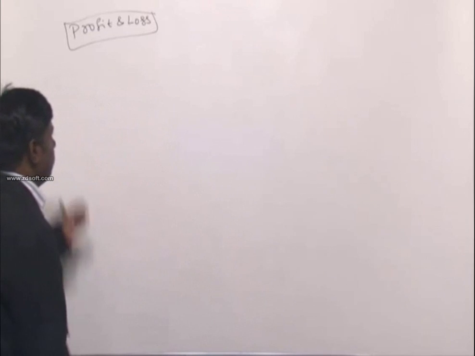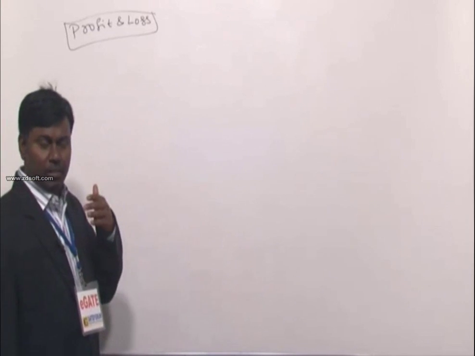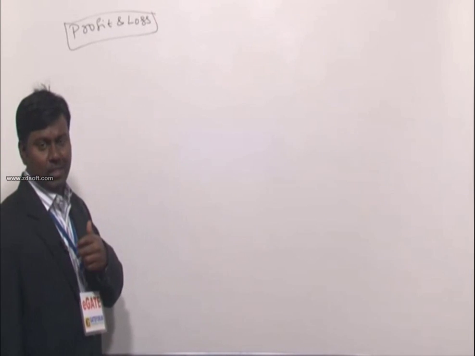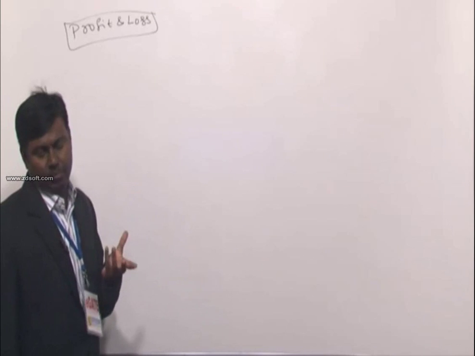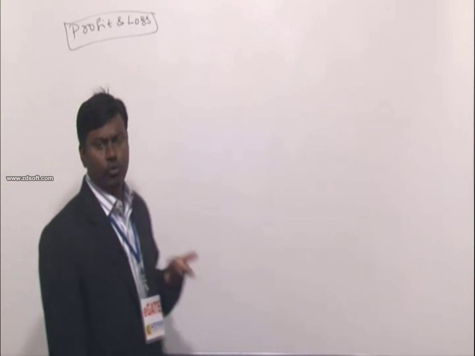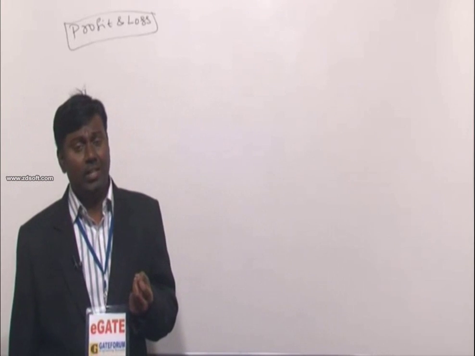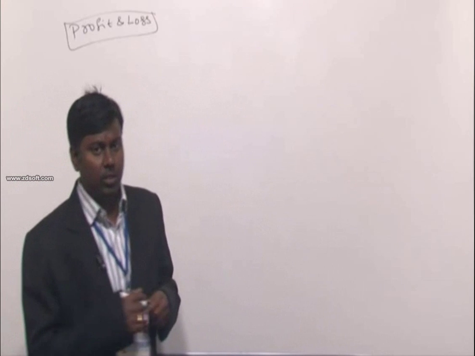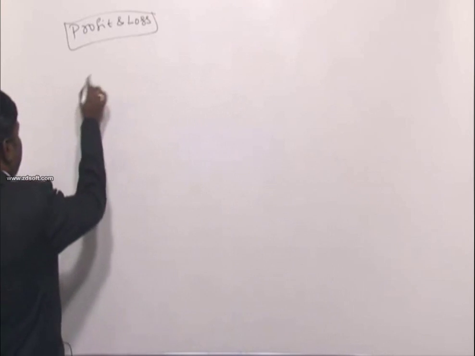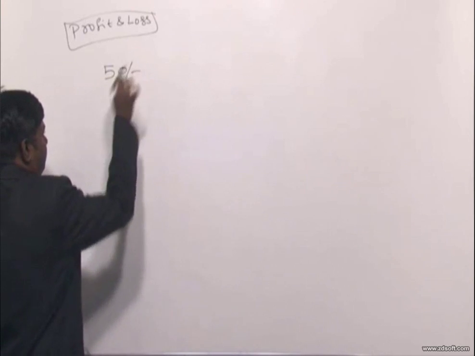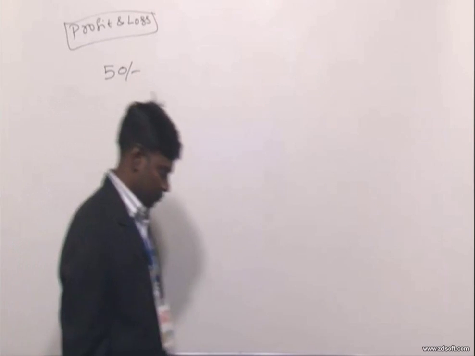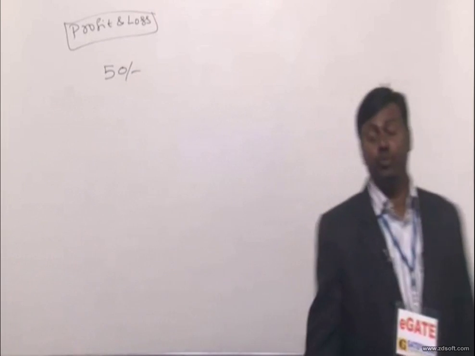Okay. Now, so many terminologies are involved. So first let us consider the terminology through one example. Let us say I go to a fruit market and ask for 1 dozen bananas. The fellow will say 50 rupees. What do you expect me to do?